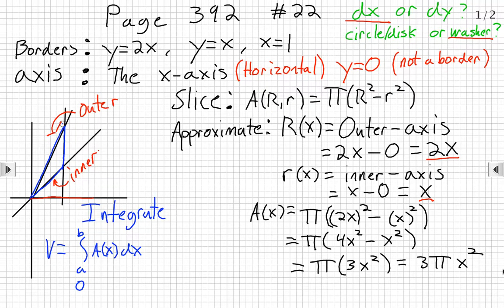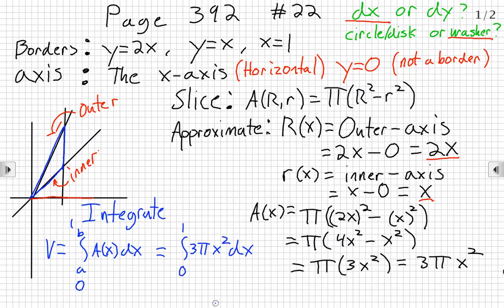And it should be pretty clear from our picture that b follows the vertical line x equals 1. If we did not have a good visual, we could just look at x equals 1 as a clue, and then we could set these equal to each other and show that x equals 0 is an intersection or the beginning of our area. So we have the integral from 0 to 1 of 3 pi x squared dx.